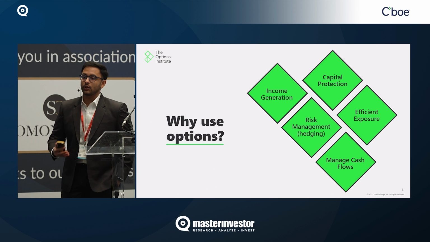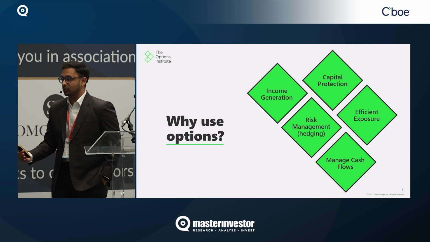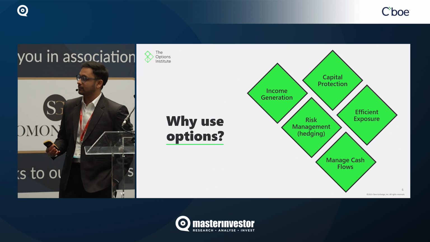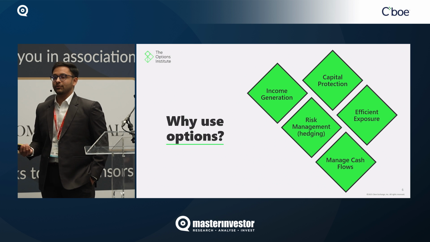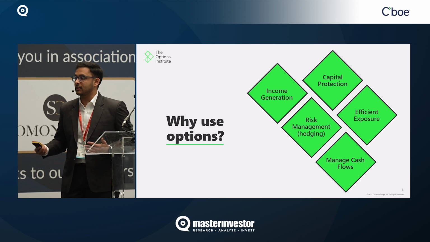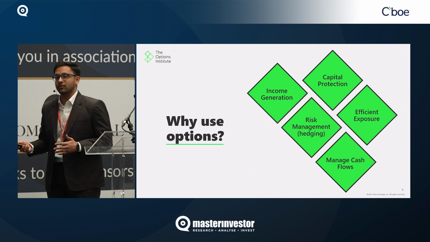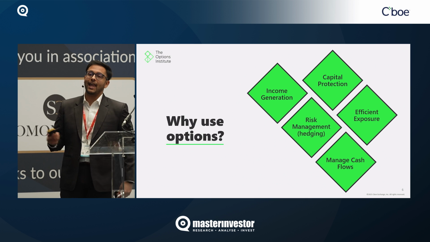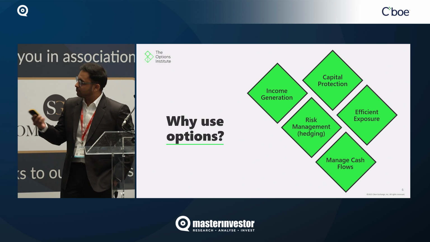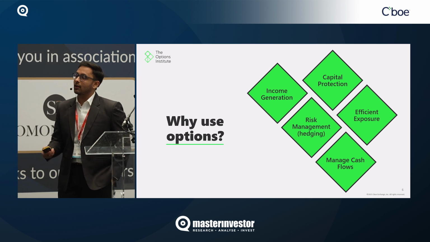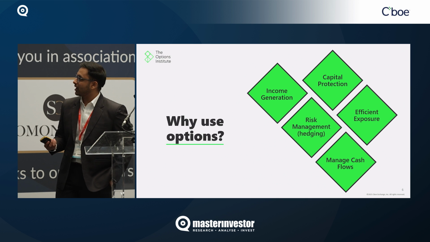To establish a position, you require relatively lower capital to start out, and it can also define your losses if you're an owner of the option. And finally, managing cash flows. A lot of individuals and institutions have cash flow commitments they need to meet over a set period of time, so a week, a month, a year. Options can help you manage both your incoming and outgoing cash flows. So these are just some reasons why investors use options, integrate them in their portfolio, and help manage their risk.